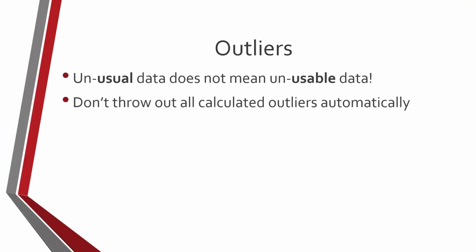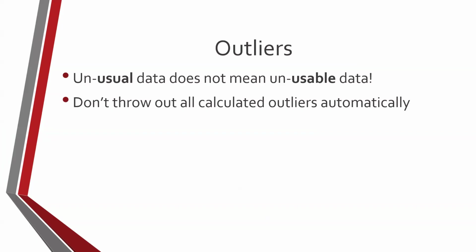So kind of a brief talk on outliers. The key with outliers really is that unusual data does not mean it's unusable. So we really shouldn't just blindly throw out any extreme value that we see, at least without some thought to it.